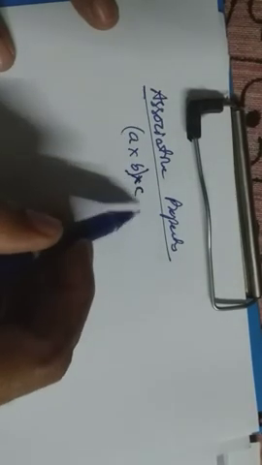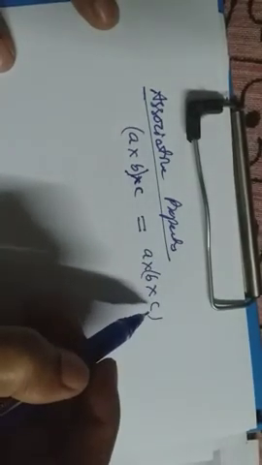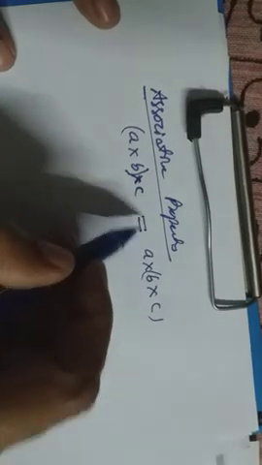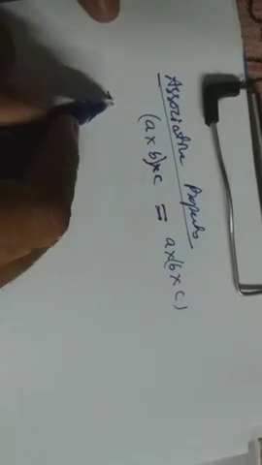For that, let us see if you multiply three integers in this order. a, b and c are three integers. First we multiply a and b, then the result is multiplied by the third integer c. Is it equal to a into b into c, where b and c are multiplied first, then the result is multiplied by a? This is also equal. Let us see with an example.